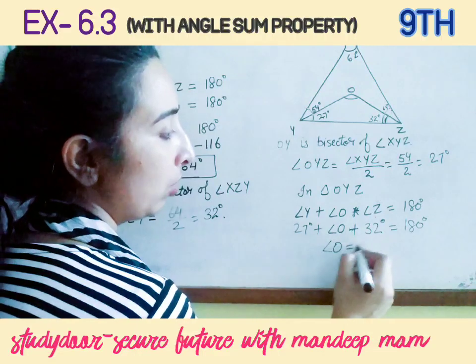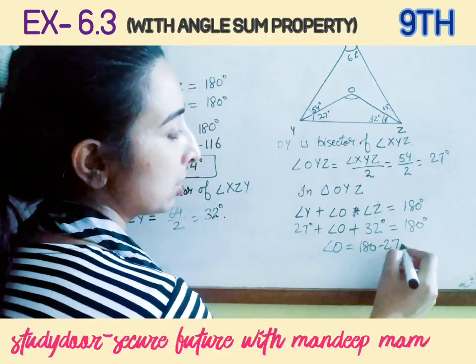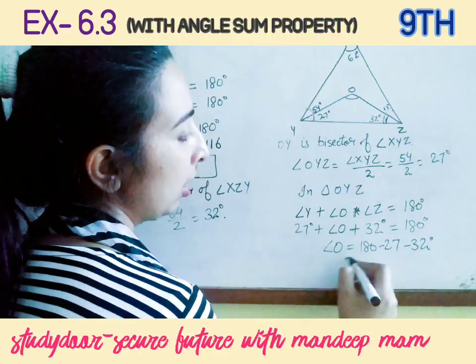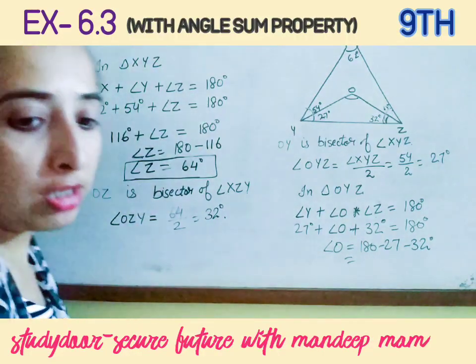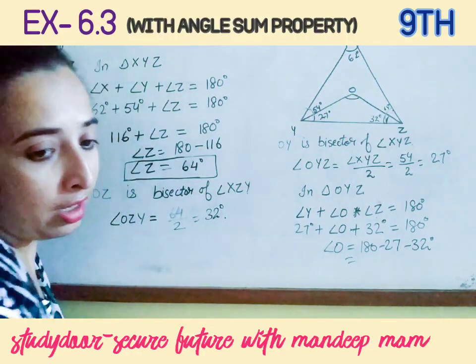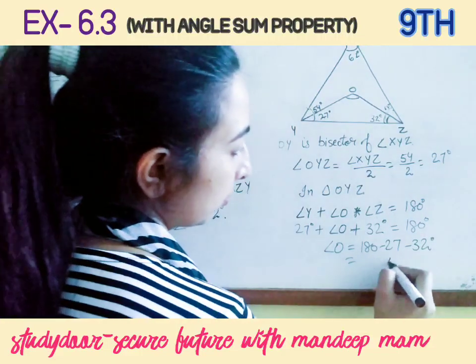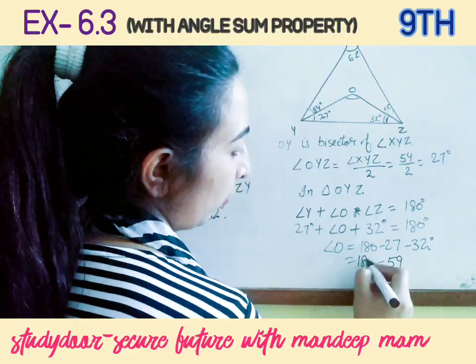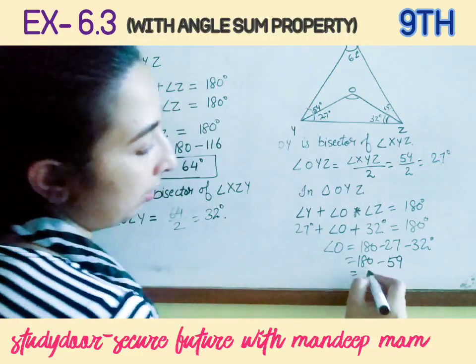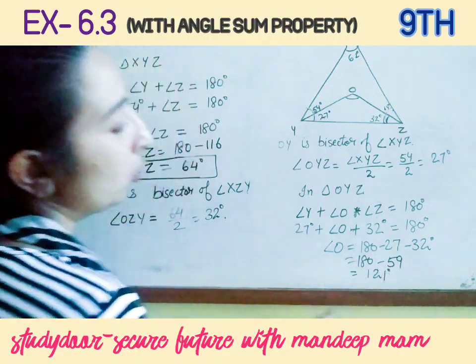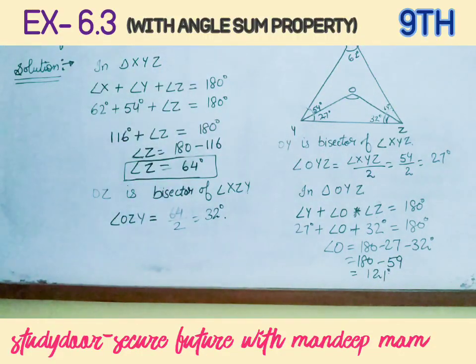So angle O will be 180 minus 27 minus 32 degrees. 27 plus 32 is equal to 59. 180 minus 59 is equal to 121 degrees. So students, we found this sum by the angle sum property.